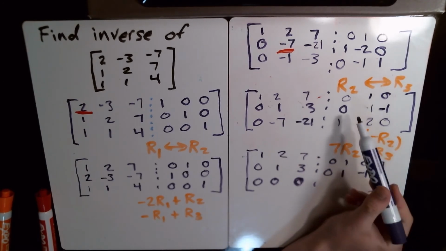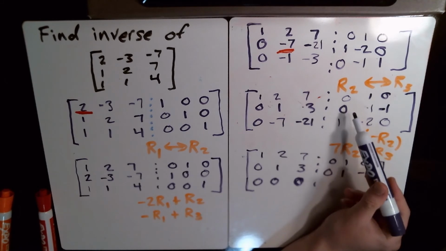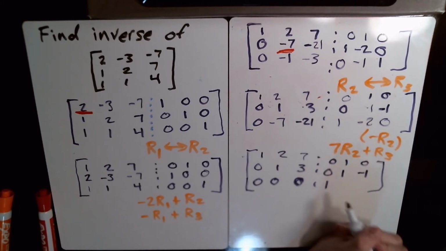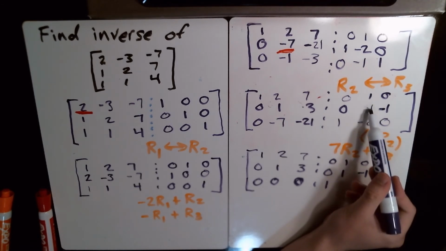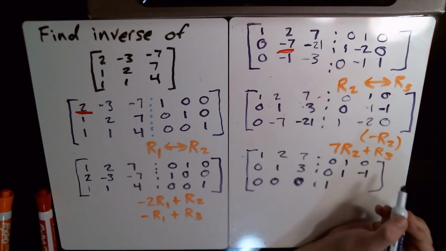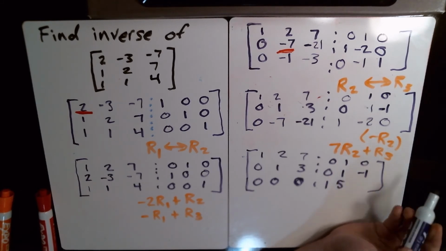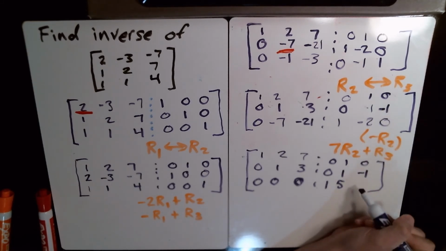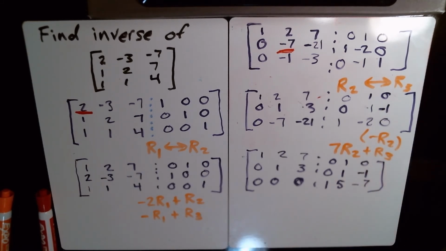Okay. And then 0 times 7 here is 0, plus 1 is 1. 7 times 1 is 7, plus -2 is 5. 7 times -1 is -7, plus 0 is -7. Okay?